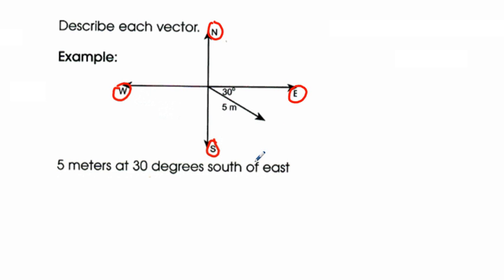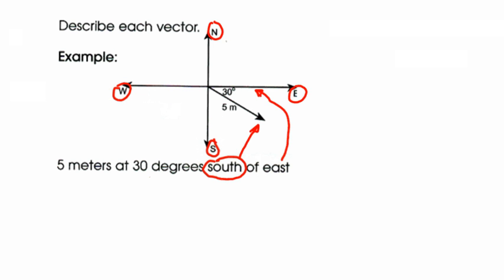And so you don't put east of south. East of south would be 60 degrees east of south. But it's south of east, because this vector is pointing south of the eastern axis, if you will, the east-west axis.